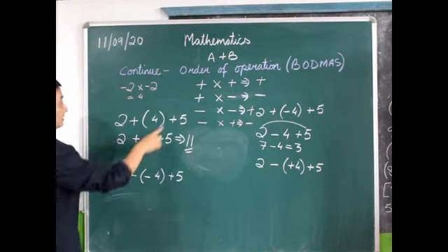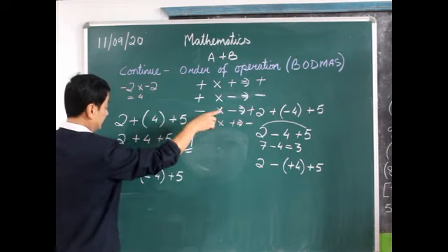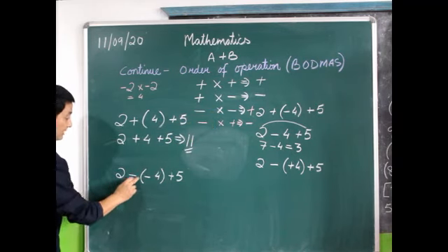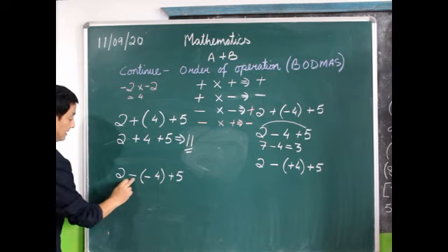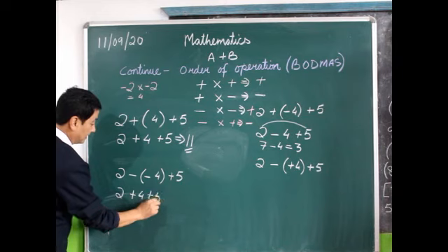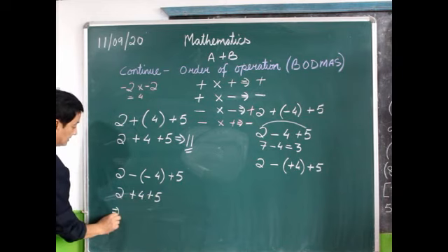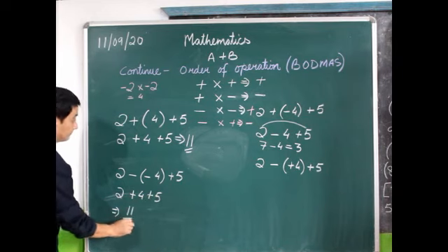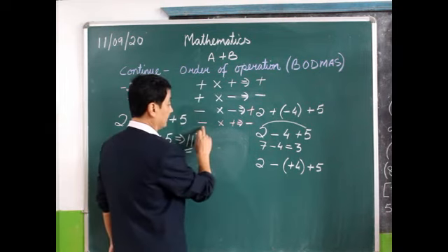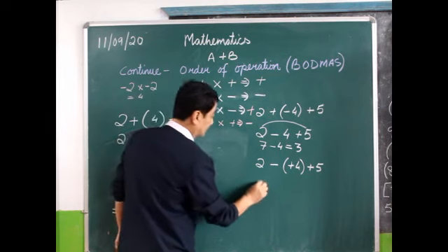So let's look at the third formula. Minus into minus 2. We have to open the bracket because there is only one number here. Minus into minus, plus 4 plus 5. And the answer is 11. Here, last one, using this formula, minus into plus.